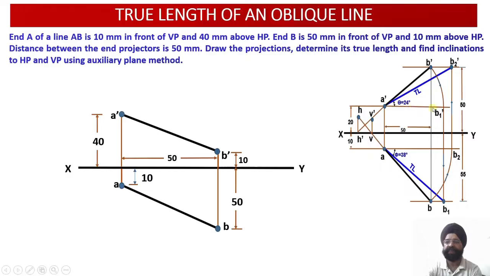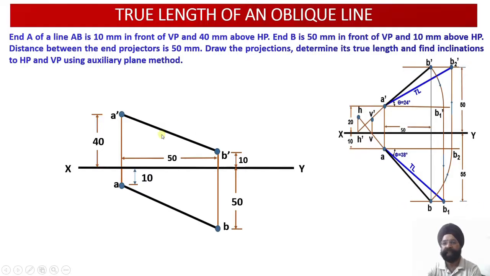Once the front view A dash B1 dash was parallel to the horizontal plane, on the horizontal plane, that is in the top view, between these coordinate locations of A and B, we used to obtain the true length of the line. Here we used to require drawing long locus lines from all these endpoints A dash, B dash, A and B.